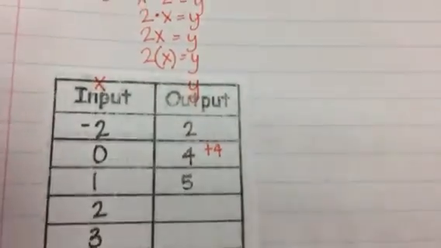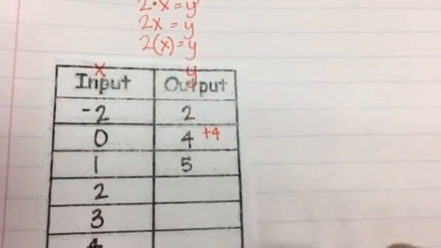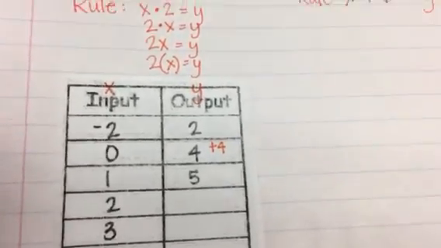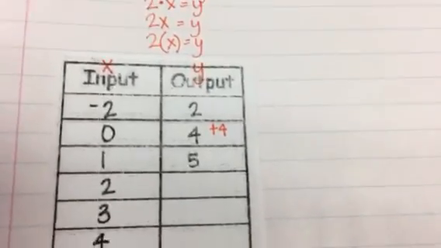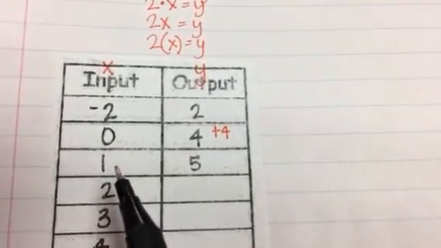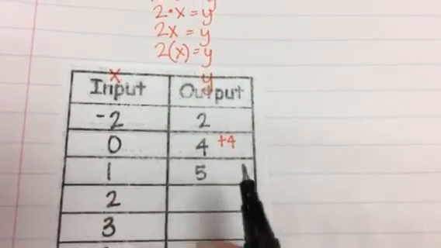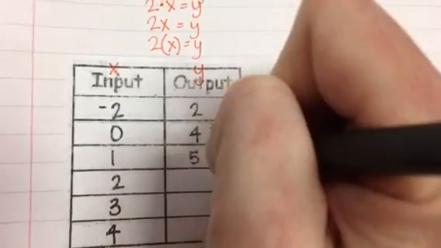Now sometimes they'll be even more complex, like it could be times 2 and then subtract something. But this one is just pretty straightforward, plus 4. And then I do 1 plus 4, and that of course gives me 5.